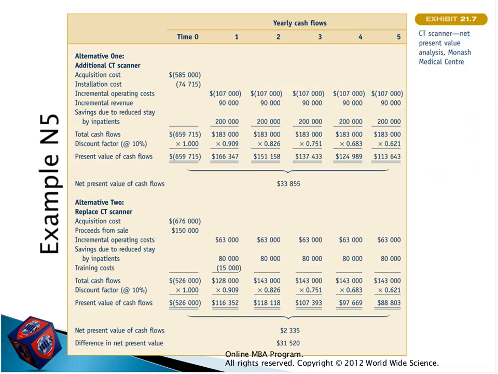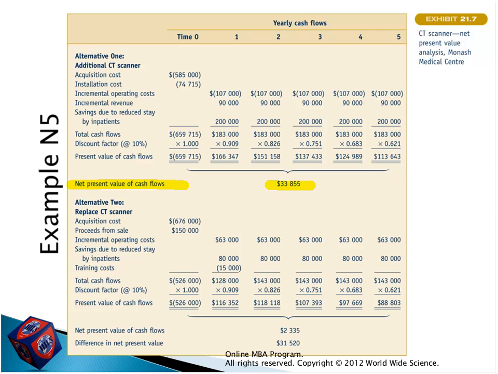So after calculation of the net present values of the 2 projects, we have got some results. The first project results in the net present value of cash flows of $33,855. So we still have a positive amount.